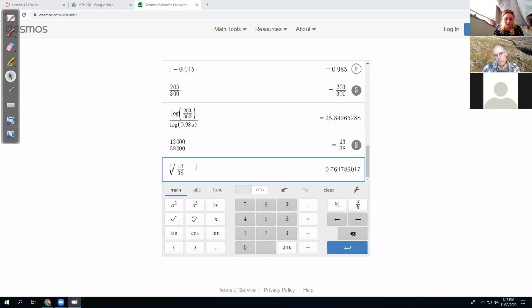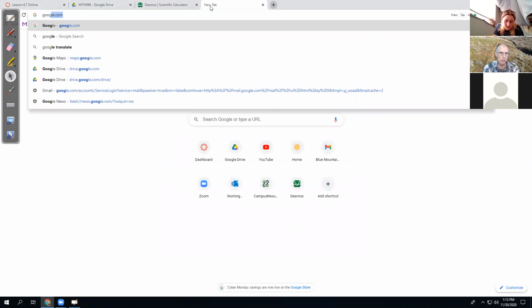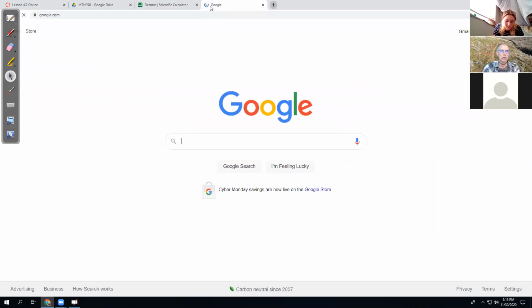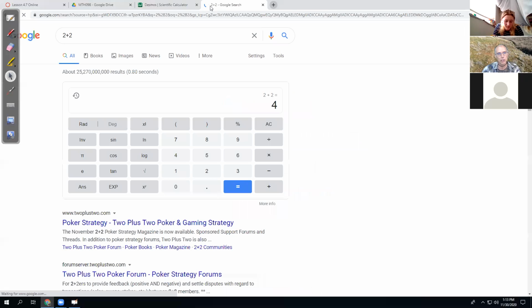All right, so on Desmos, it came out to 0.76478-ish. And I should be able to do that here too, but I'm just going to use Google because it's a little cruder. I was already at Google. 2 + 2 brings up the calculator. So I would start with the parentheses. I got my 13 over 38 in the parentheses.